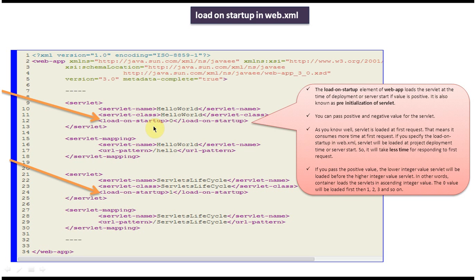With this load on startup value set, 0 for hello world and 1 for lifecycle, the servlet container first loads and initializes the hello world servlet, and then loads and initializes the servlet lifecycle servlet. Basically the container loads the servlets in ascending integer order, so in this case 0 is first and 1 is second.